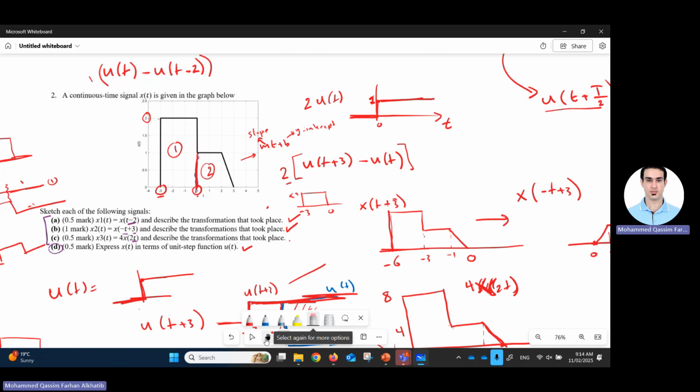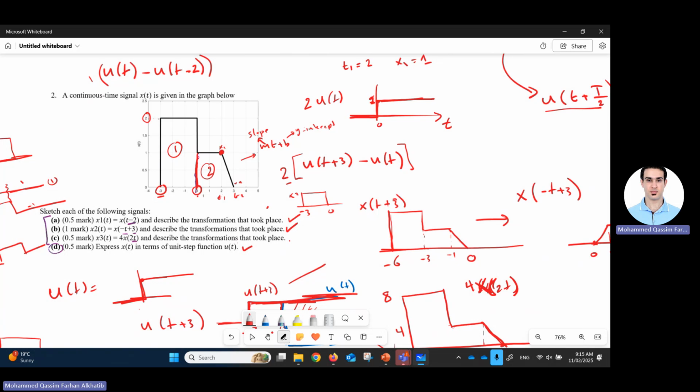So let's assume that you have t1 and the value x1, and you have t2, x2. So how much is t1? 2. And what will be x1 in this case? 1.